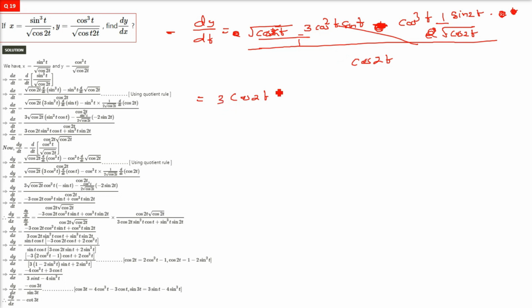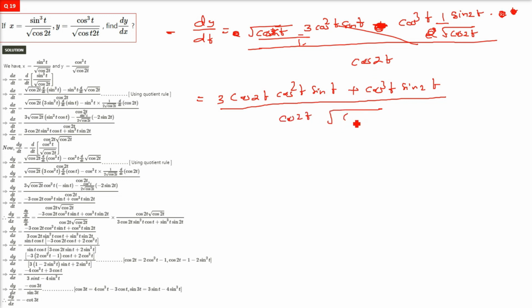So 3 cos 2t cos square t sin t, and then we have this cos cube t and then sin 2t. Denominator, what do we have? Cos 2t into under root cos 2t. So now we are going to divide these two, dy by dt and dx by dt.